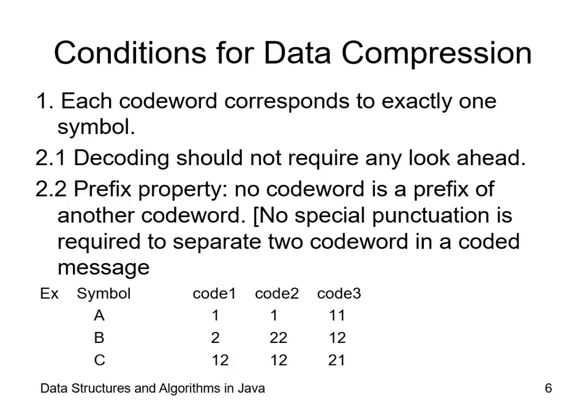Agree? But if you use code 2, what is the cap? C first. CAB, right? C is 1, 2, A is 1, 2, 2. Okay, how about code 3?